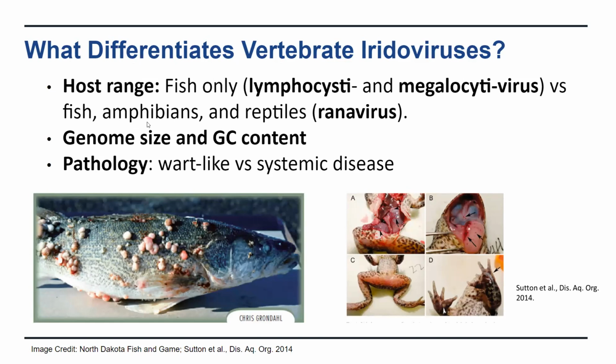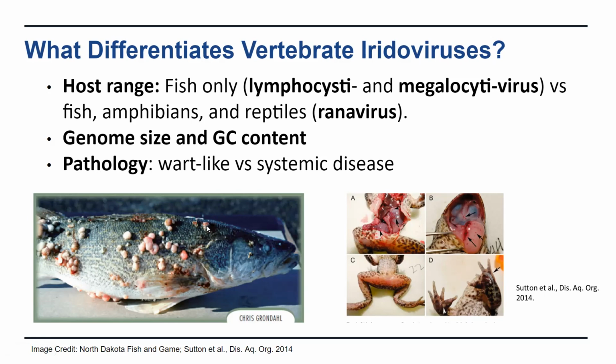Viruses also differ by genome size and GC content. Lymphocystis viruses are much larger than the megalocytoviruses and the ranaviruses, and they have a lower content of GC residues. And lastly, they're distinguished by pathology. A fish infected with lymphocystis disease virus develops these wart-like lesions on their outer surface and probably on internal organs too.